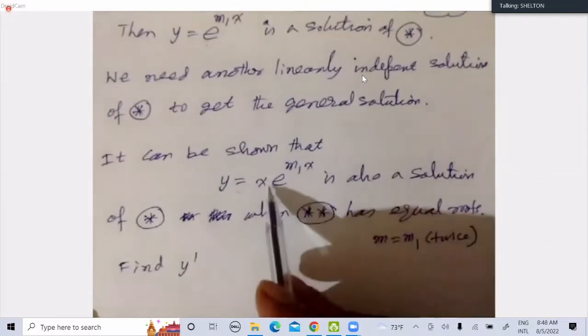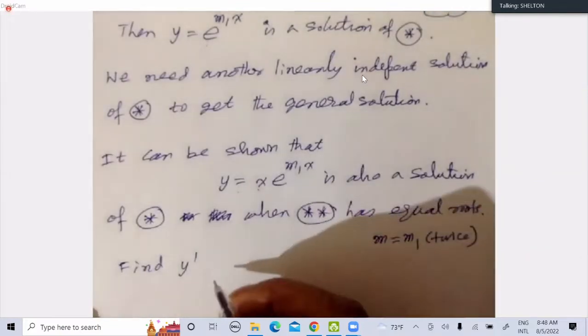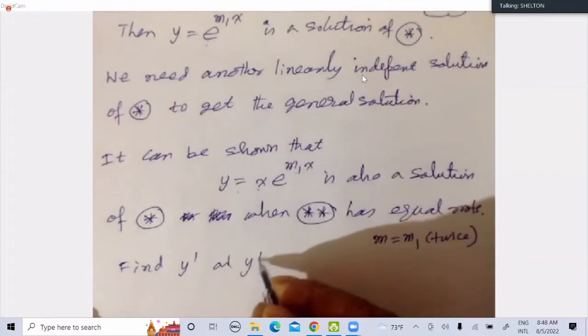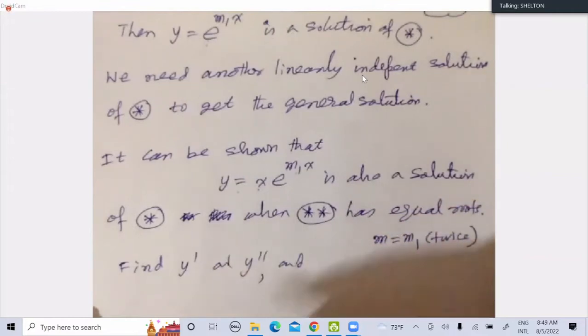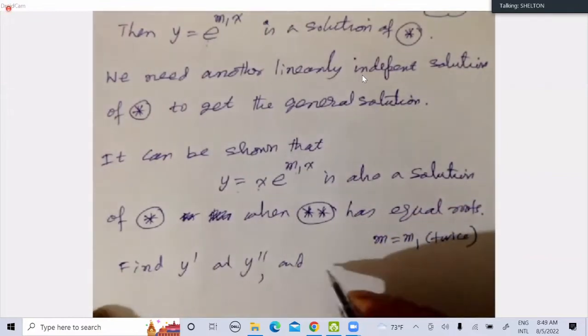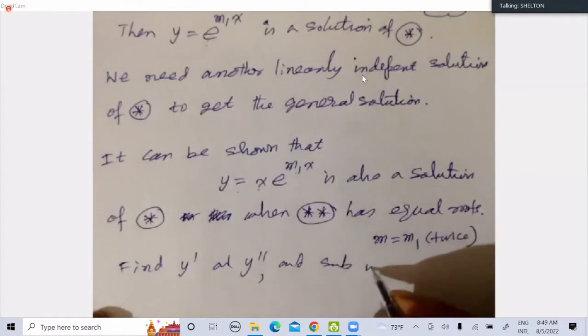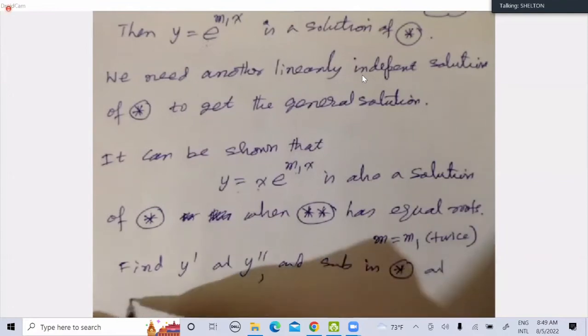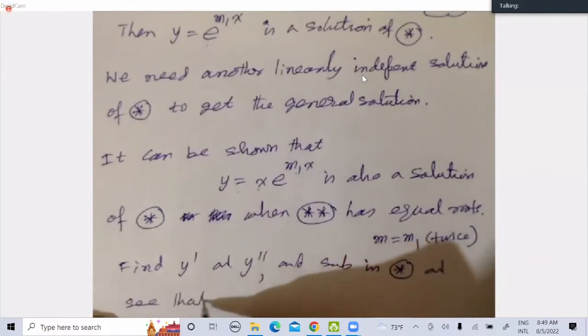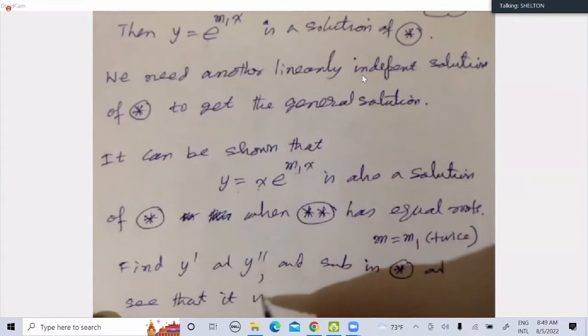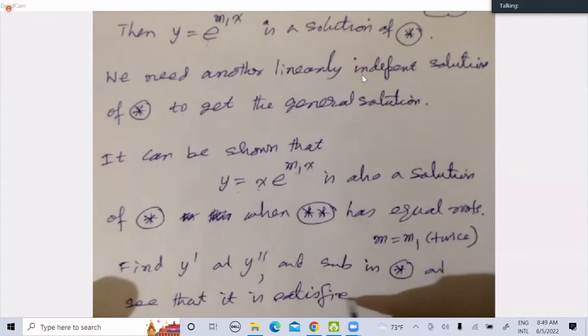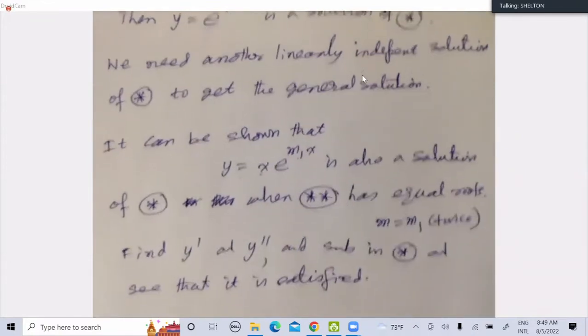If you want to say this is a solution, find y dash and y double dash, substitute in star, and see that it is satisfied. Try it, see that it is satisfied.